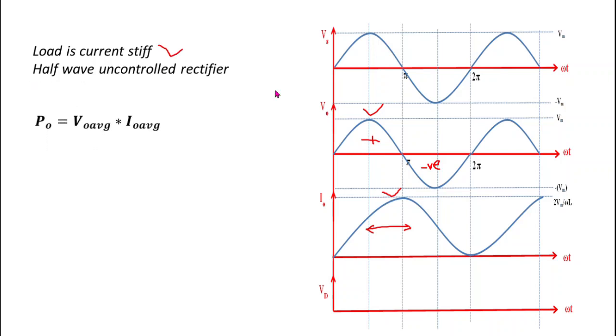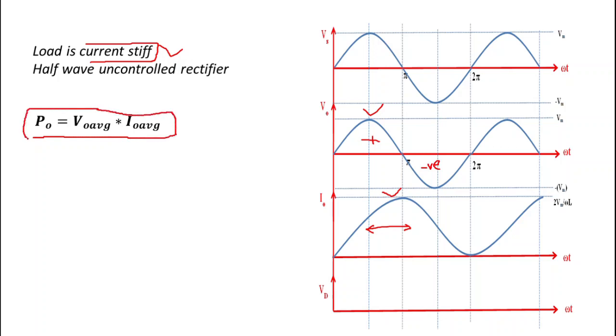Next is the average total output power P naught. Here you must note an important concept. Whenever the load is current stiff, the output power P naught will always be written as V naught average into I naught average.